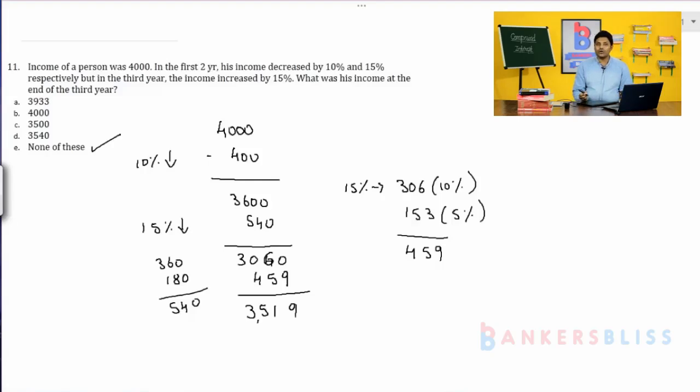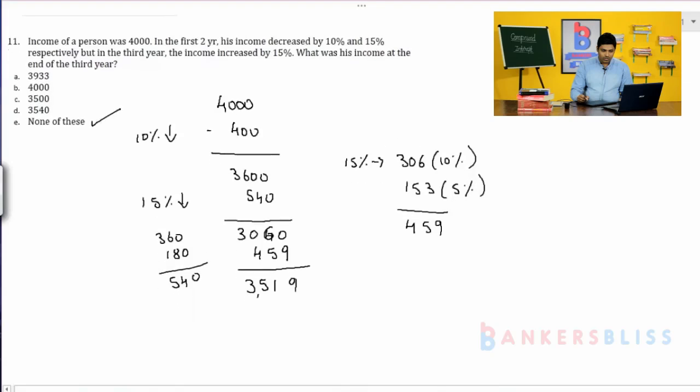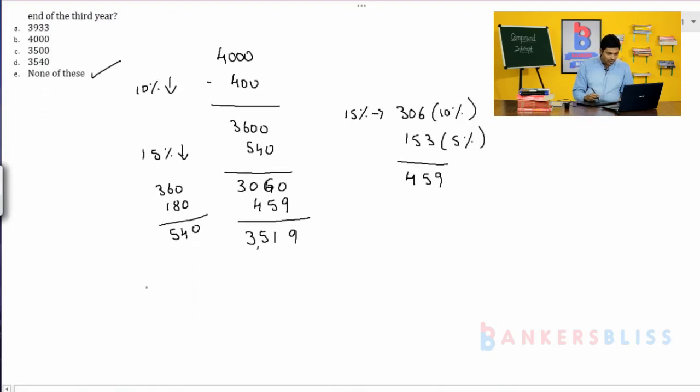If you want to solve through the modified formula method, yes, you can. See here, let me show you how to solve. A is equal to minus 10 because it is reducing. Minus indicates reducing. B is minus 15, minus indicates it is reducing. So A plus B plus AB by 100.